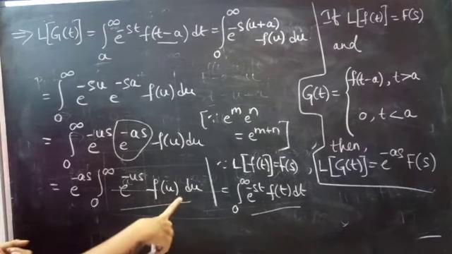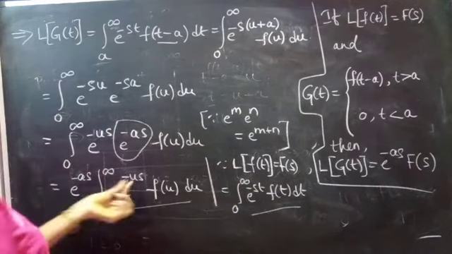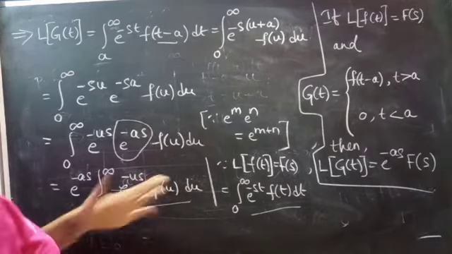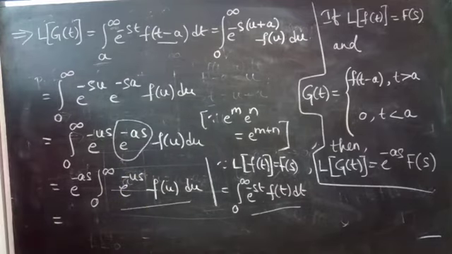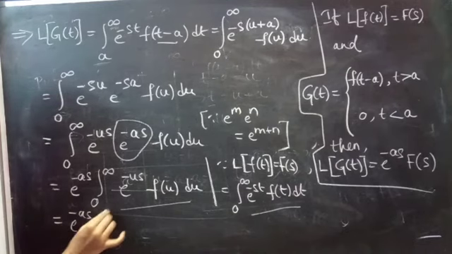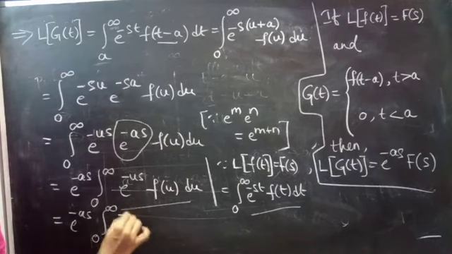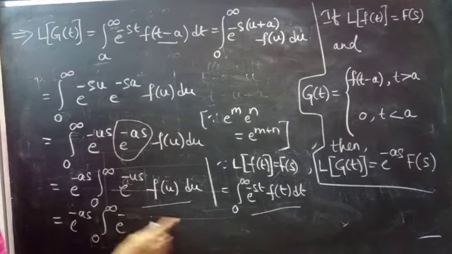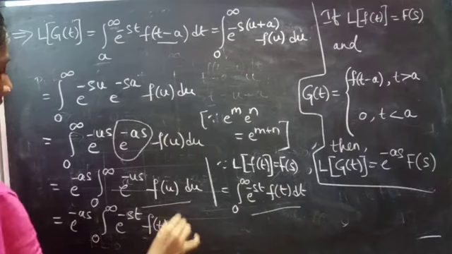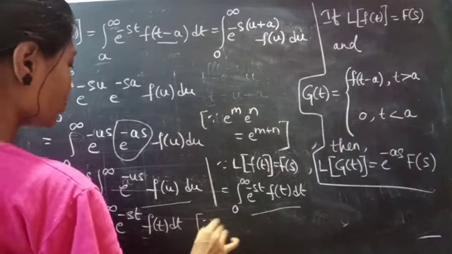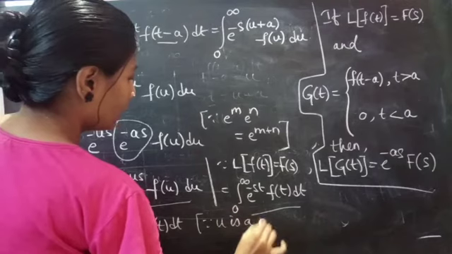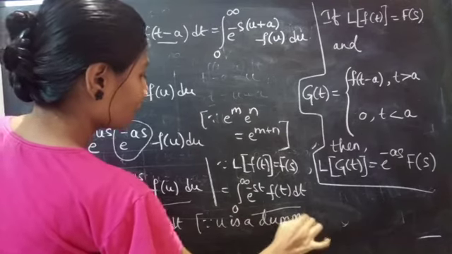So you can write it as capital F of s, or else you can change it in terms of t. So this equals e power minus as into the integral from 0 to infinity e power minus st f of t dt, since u is a dummy variable.